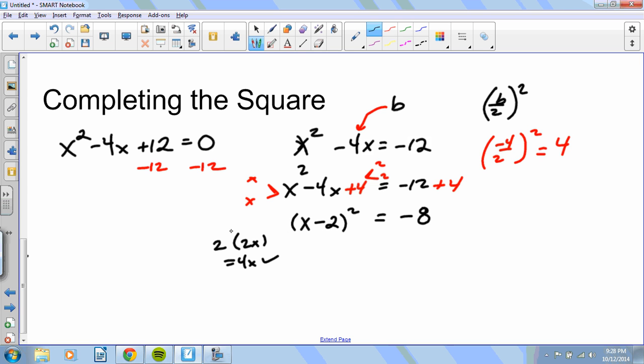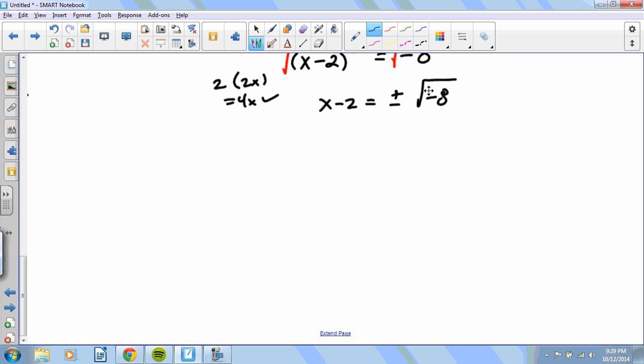All right, so now, just like before in the last video, I can solve this equation fairly easily. I have something squared equals a result, so I take the square root of both sides. That gives me x minus 2 equals, remember, plus or minus, that's the new part, the square root of negative 8. Well, I can simplify this.